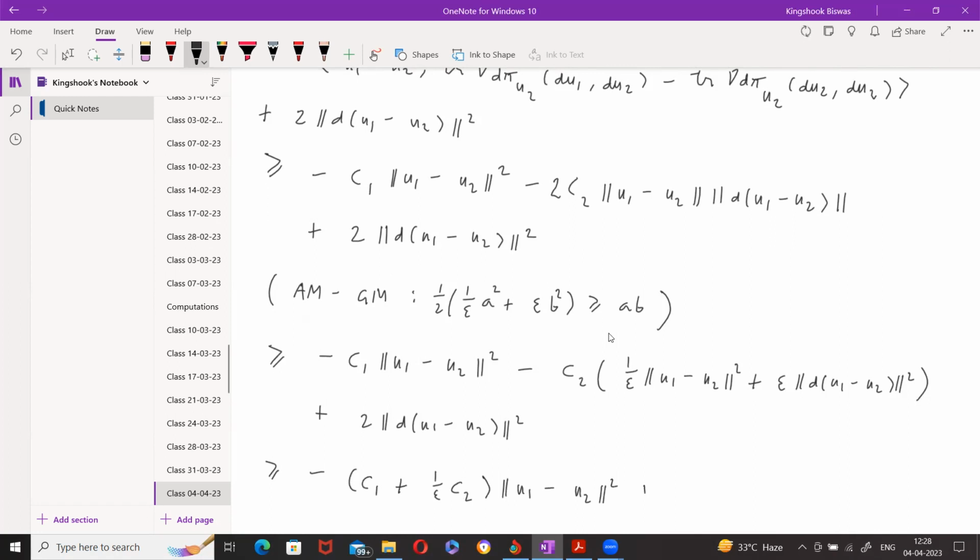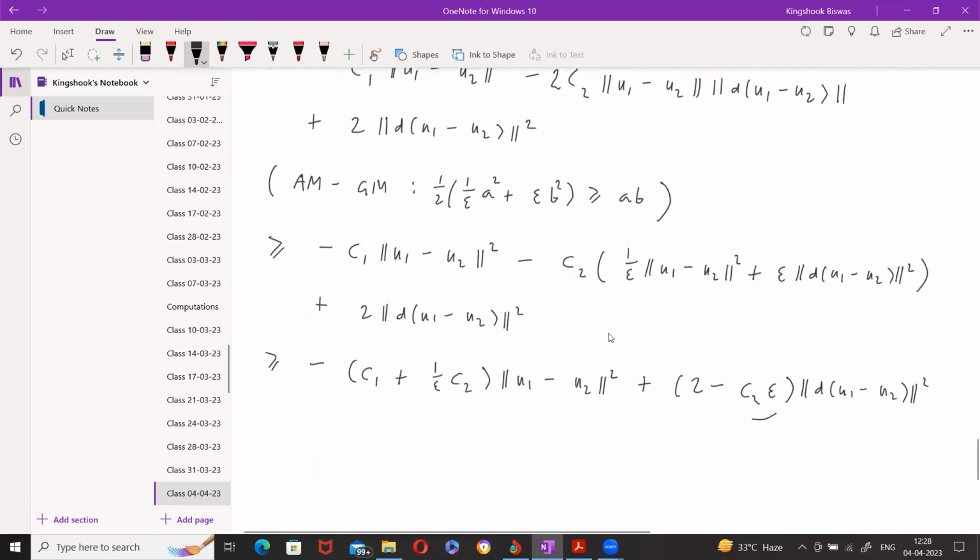And then I'll get plus 2 minus C2 epsilon, norm of d of u1 minus u2 squared. And now I can choose epsilon small such that this is greater than or equal to 0.